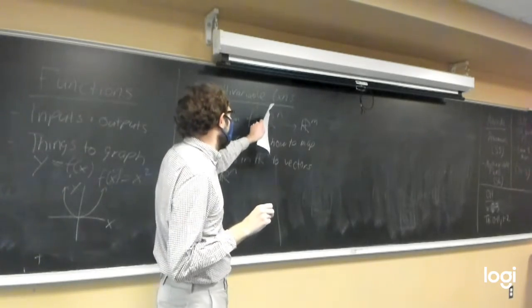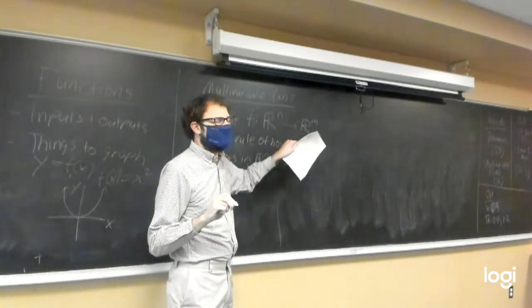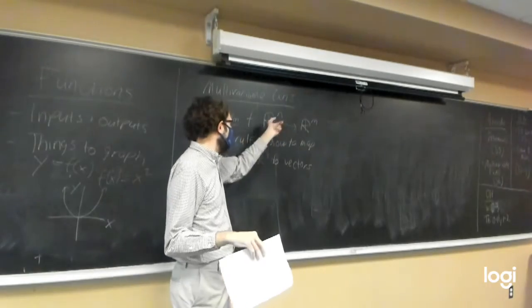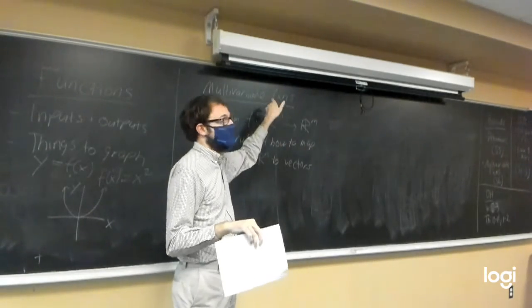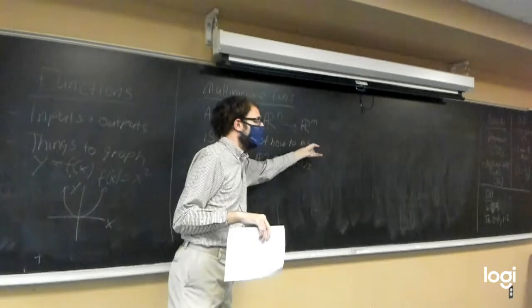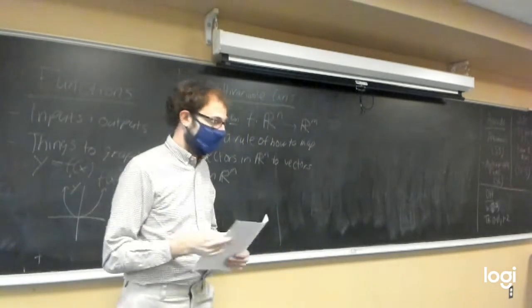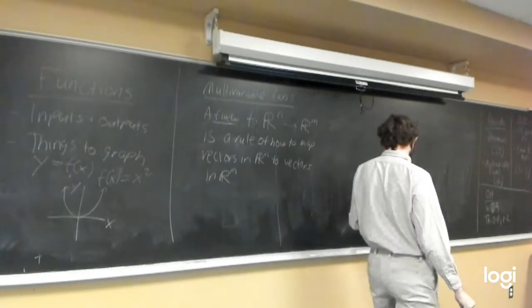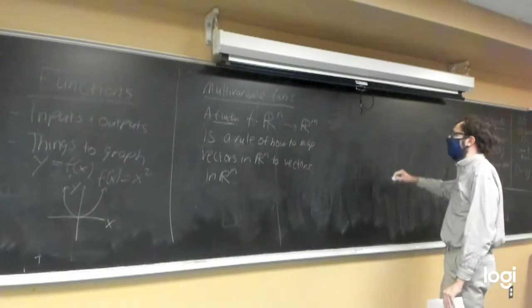This notation of Rn, arrow, Rm, we're going to use to mean we're starting in Rn. That's where our inputs to the function live. And the outputs of the function are all going to live in Rm. Let's look at an example over to the side while we define a few terms.